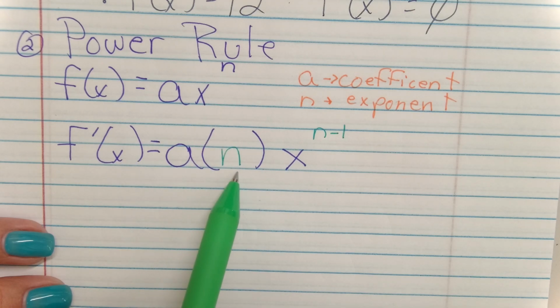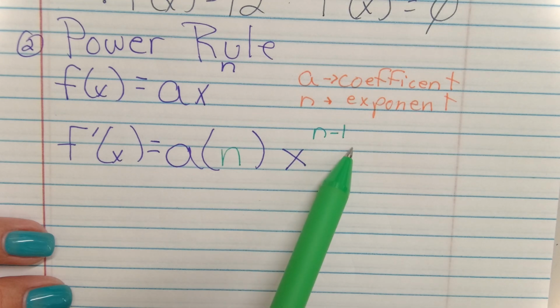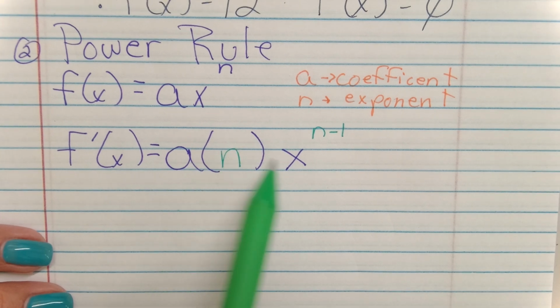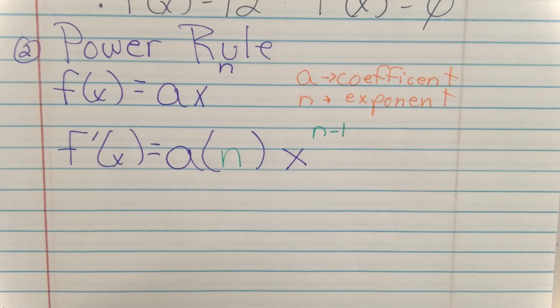And then subtract 1 from the exponent. Always 1. Never changes. If you really want to know why that is what it is, I can give you a very long, drawn-out explanation using the instantaneous rate of change formula. But we don't want that, right?